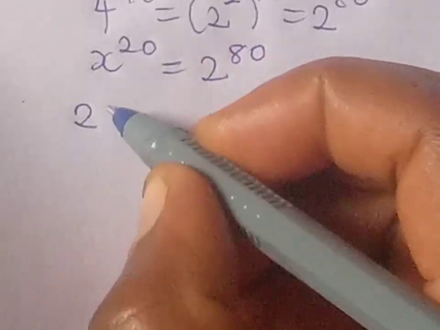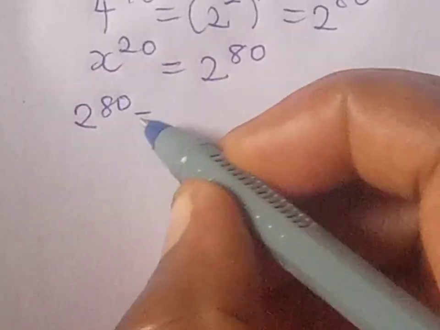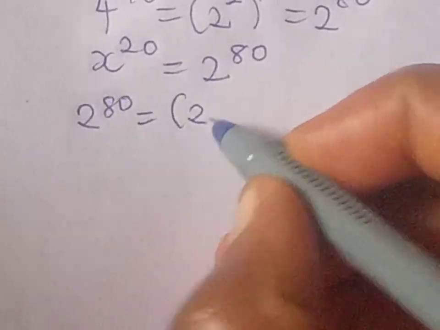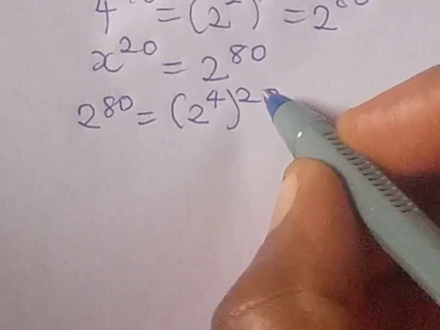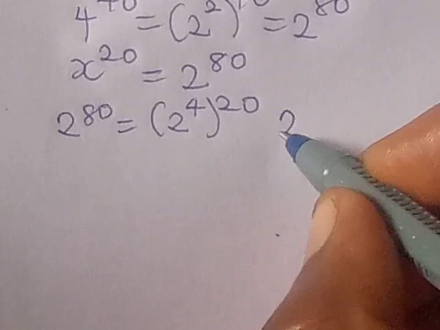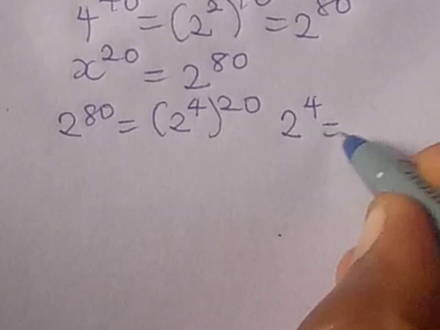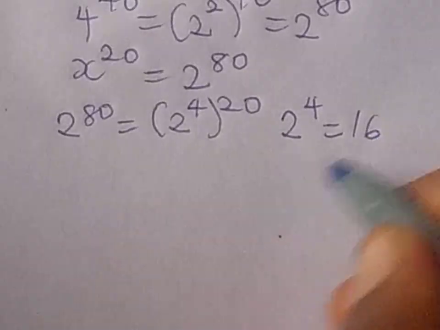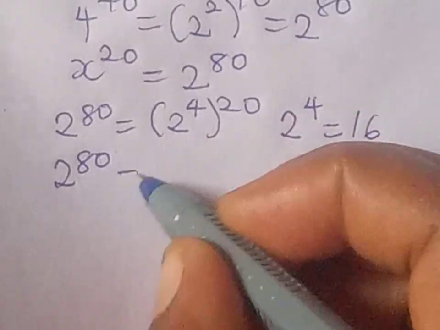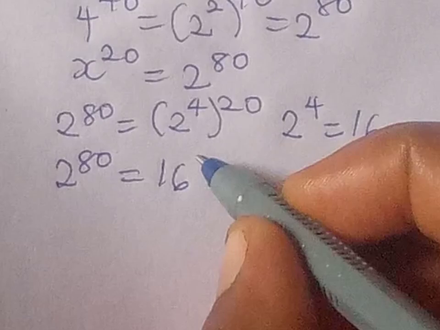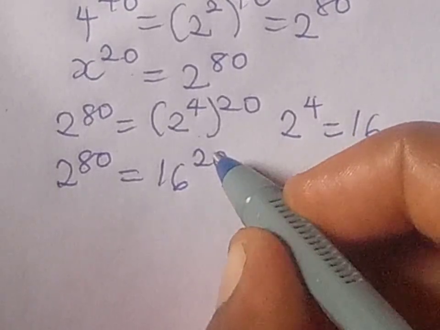Since 2 raised to the power of 80 equals 2 raised to the power of 4 to the power of 20, and also 2 raised to the power of 4 equals 16. So we have 2 raised to the power of 80 equals 16 raised to the power of 20.